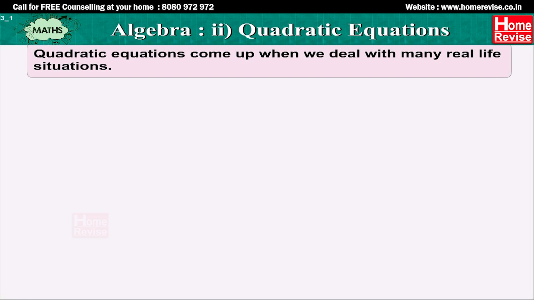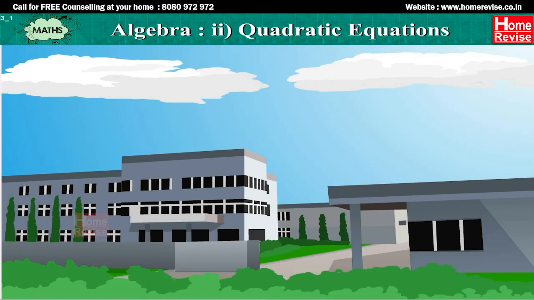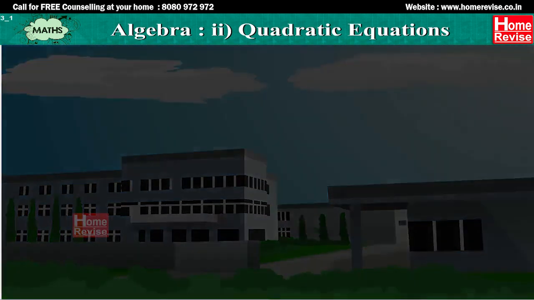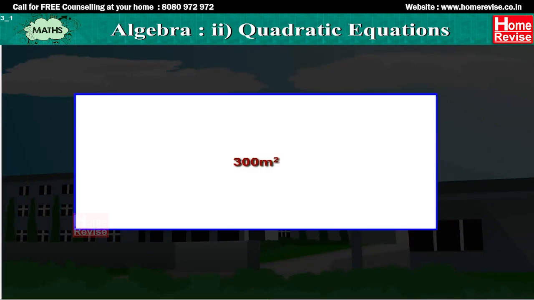Quadratic equations come up when we deal with many real-life situations. For example, consider a charity trust decides to build a prayer hall having a carpet area of 300 square meters with its length 1 meter more than twice its breadth.